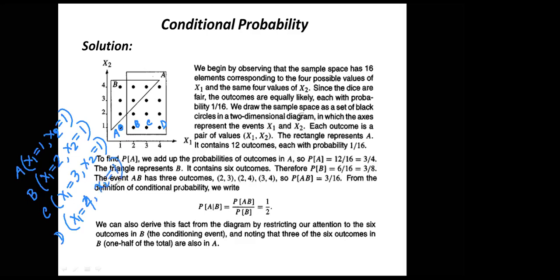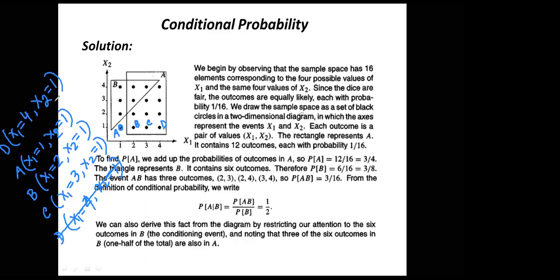Do you understand this one? For D, for A, B, C, D, okay. The D part, I'm writing it again. D is x1 equal to 4 and x2 equal to 1.